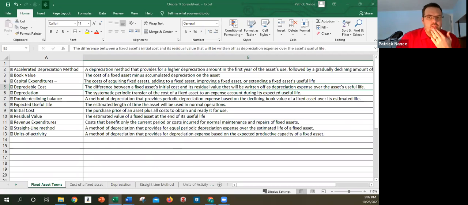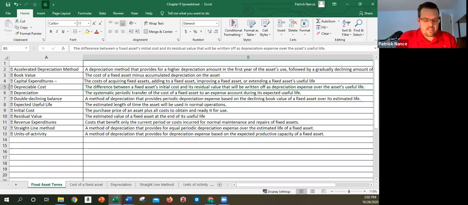So in a building, that would include everything from architect's fees, engineering fees, anything that actually takes to get it going, taxes if there's certain taxes, sales taxes, repairs, modifying the building. Let's say I need to put in new doors because it doesn't have the right size door for what I want to do with it. That would be part of the cost. So not just necessarily what I paid for it, but also other things that could pertain to that building. So if I'm having to do things to it to get it ready to go, then that's a cost.